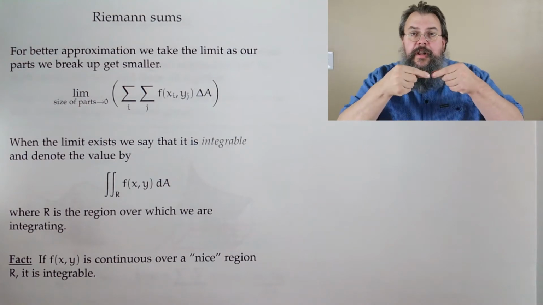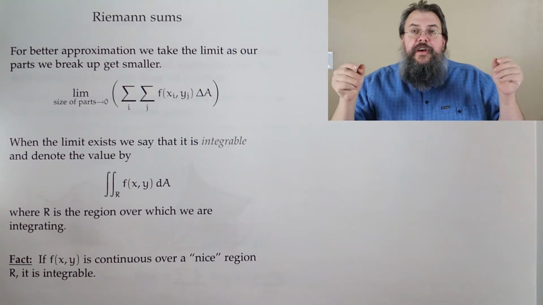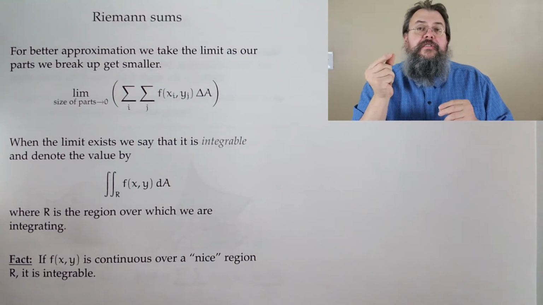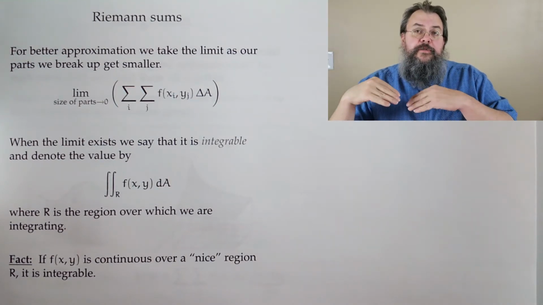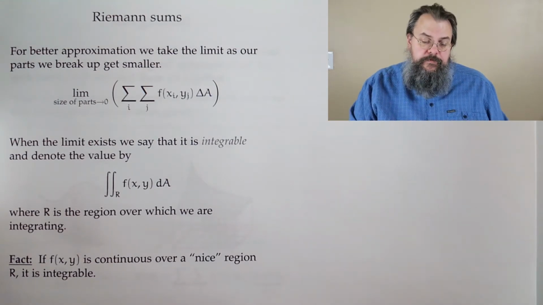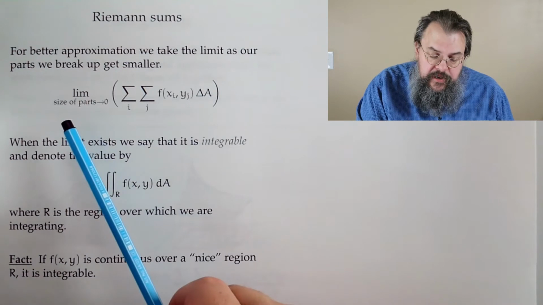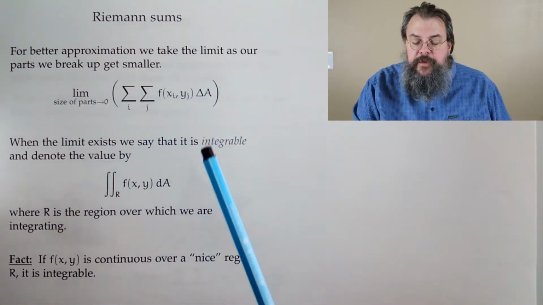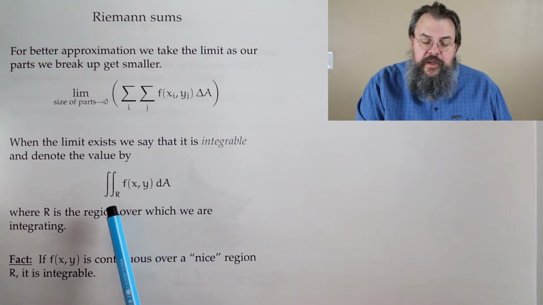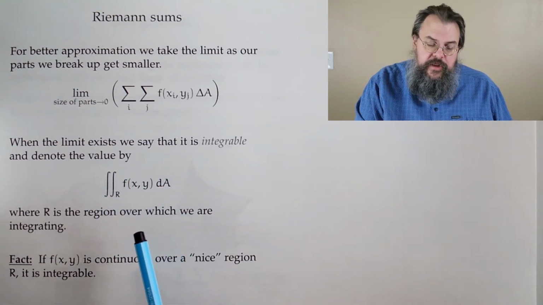In other words, I don't want a long, skinny piece. I really want little teeny tiny pieces. And the reason I want little teeny tiny pieces is that they do a better job of keeping the function behaving more like a constant. So as my parts get small, I look at what happens to the sum. When the sum exists, we say it's integrable, and we indicate it using this notation.